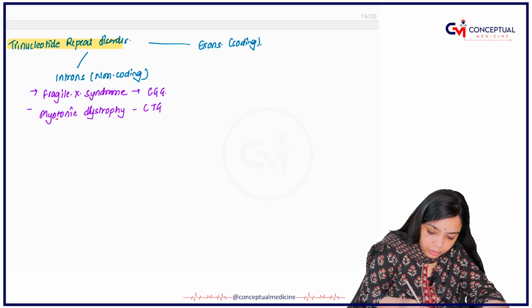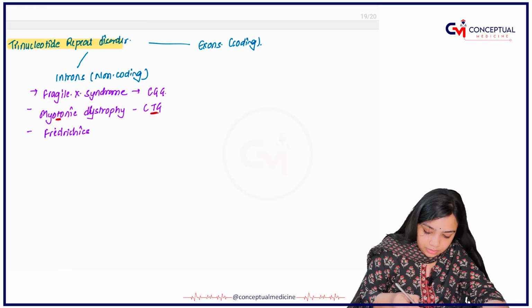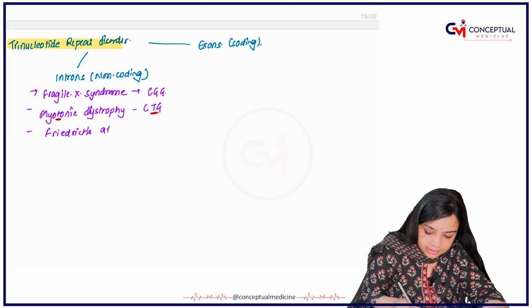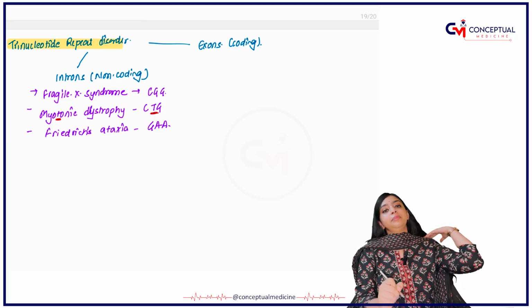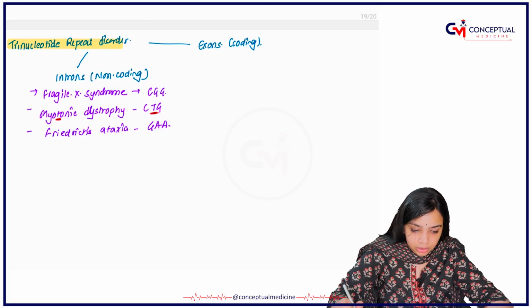Remember, myotonic T and T. So there is a T. Next that you have is the Friedreich ataxia, and it is GAA trinucleotide repeat disorder.